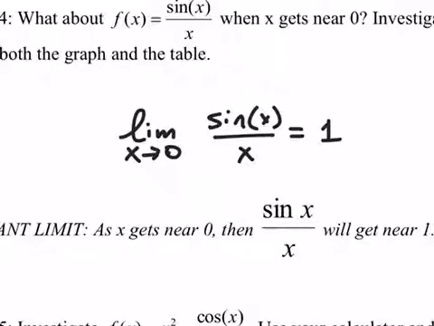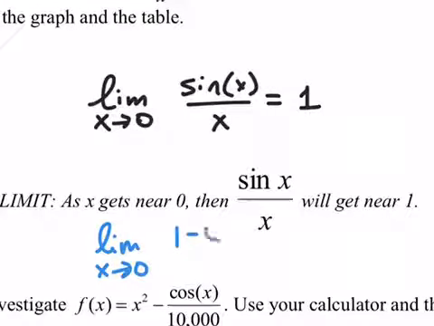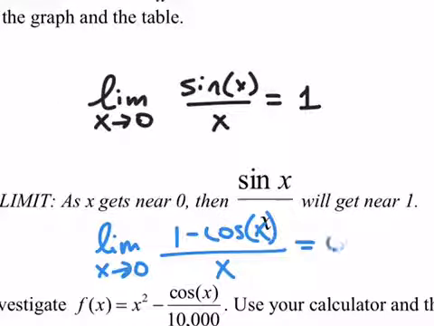And the other limit you're going to want to memorize is the limit as x approaches 0 of 1 minus cosine of x over x. That one equals 0. This is going to be foundational for limits when we get later on into derivatives, and we'll be using these in a very important way.